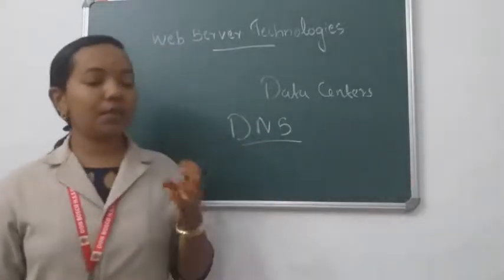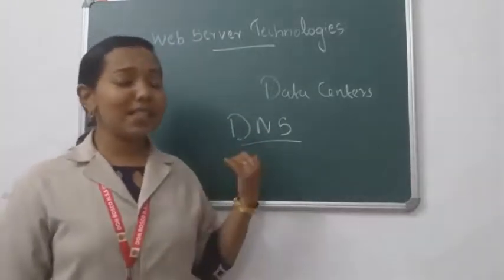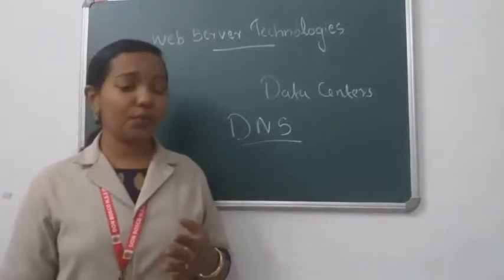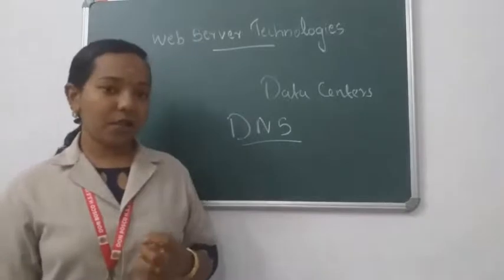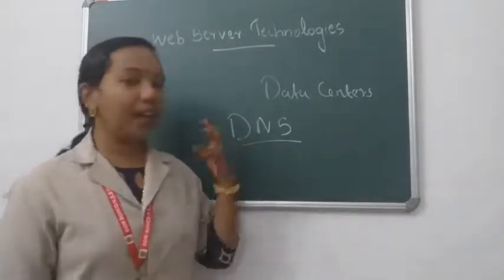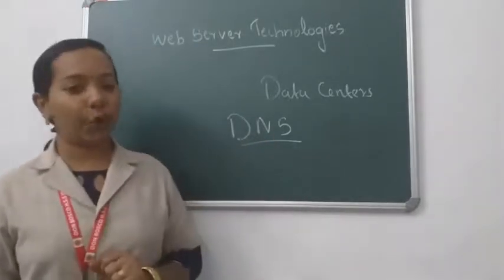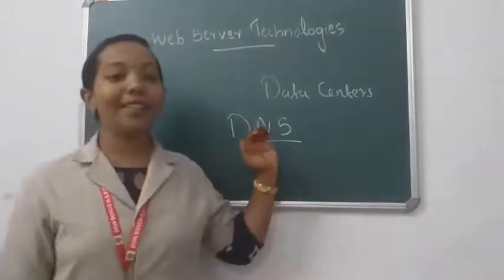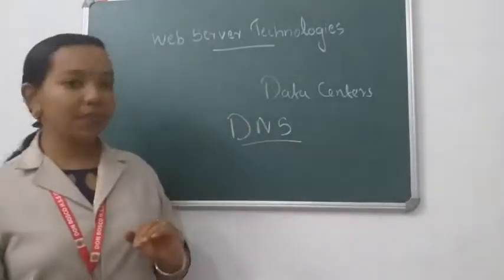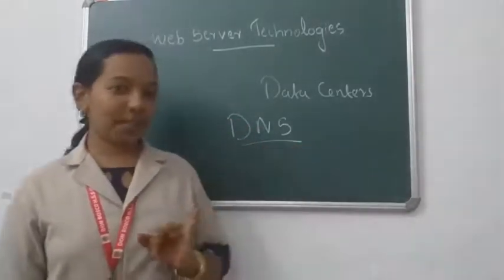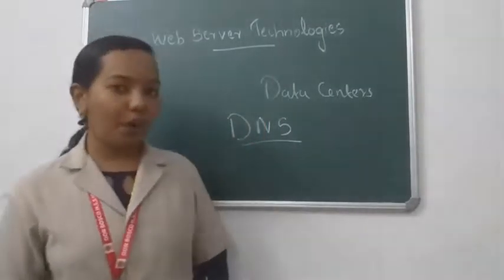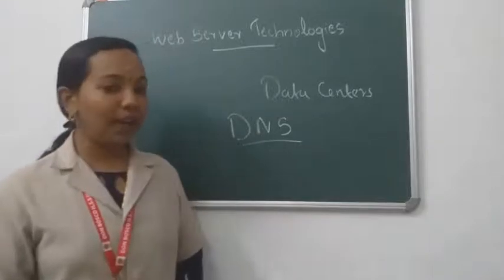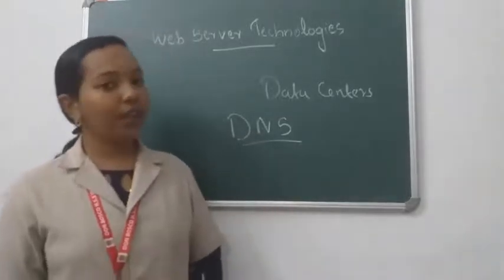Domain name system is basically used for efficient IP address identification. To efficiently identify an IP address, we require a medium known as DNS. We use this in the web server because it is a part of the web server.